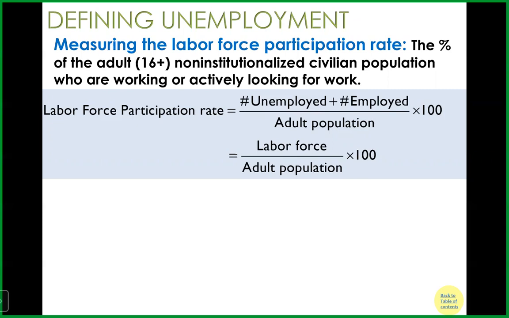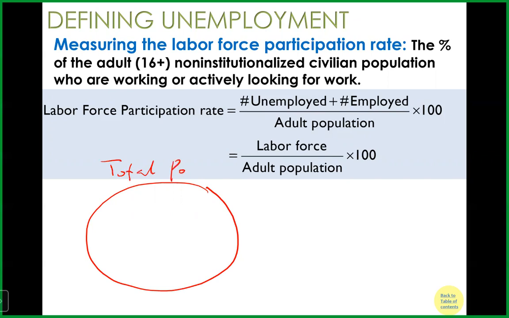Let's start with a big circle. Where we start is the total population. The total population of the United States is roughly 300 million. So that's where we start, right?